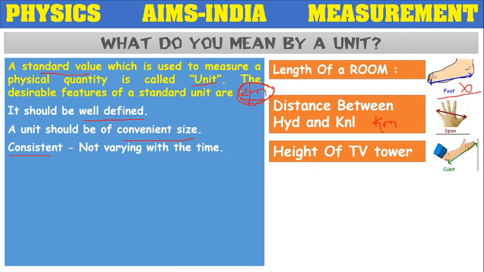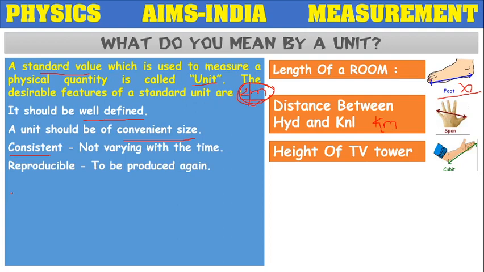No, because the person's height will increase from childhood up to a certain age. A small boy measured the height of a tower with the cubit. After 10 years, he comes back and measures the same tower with the cubit. Both values are not the same, because the cubit value changes from time to time. So this cubit is not consistent. Whatever unit we are choosing, it should be of consistent size. It should not be like the cubit.